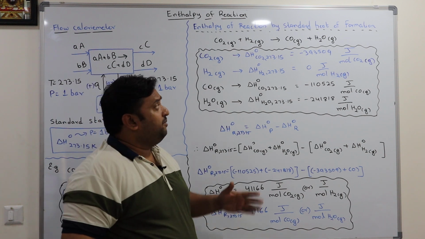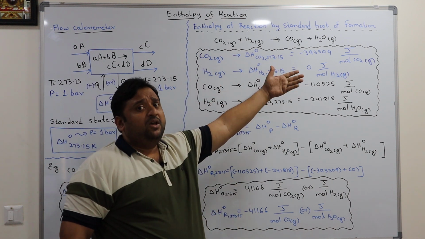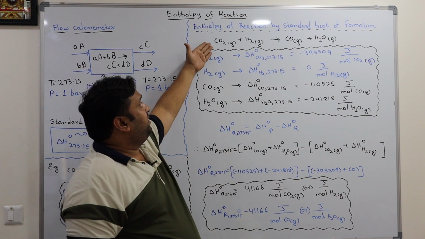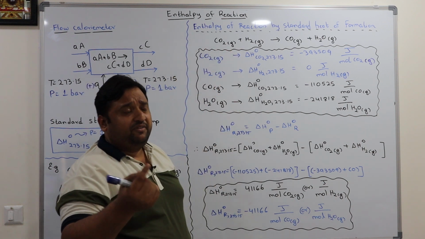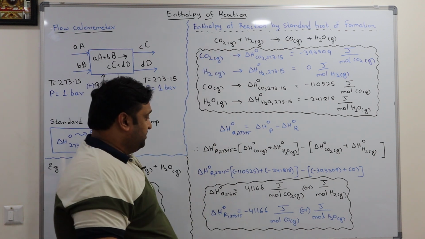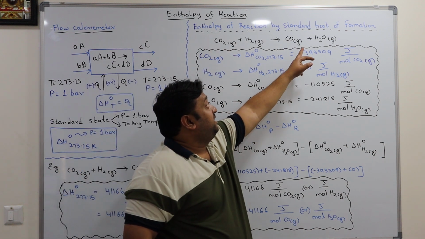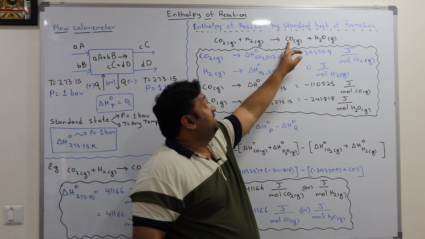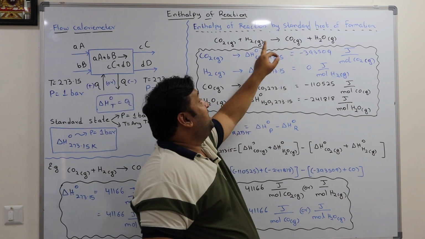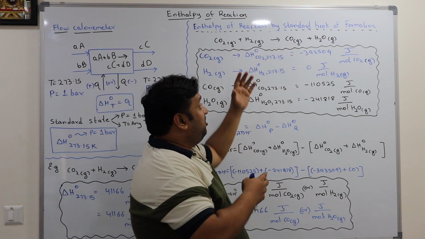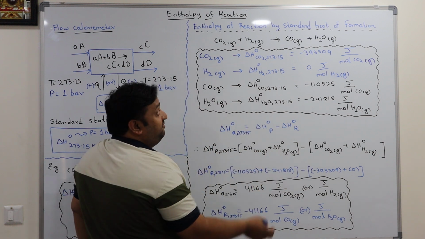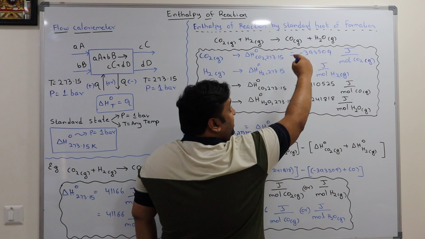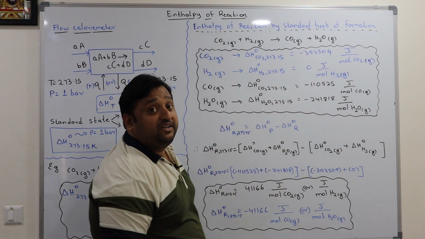Because this reaction is the same, you can represent it in terms of per mole of CO2 or per mole of hydrogen, because everything is 1 mole. Otherwise, if you conduct the reverse reaction, then this will be my reactant, this will be my product. So if you do this, the number will be negative. If the forward reaction is endothermic, the backward reaction will be exothermic.